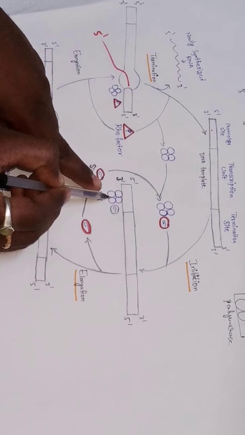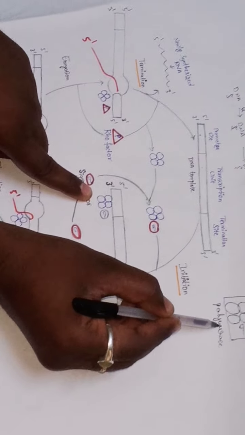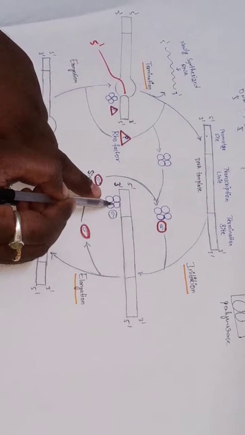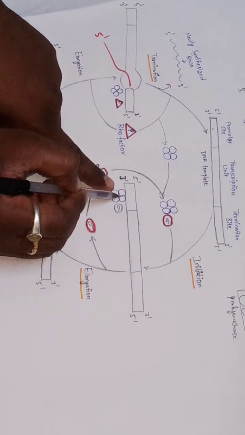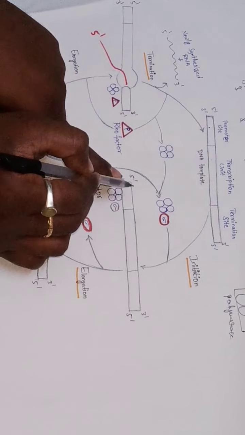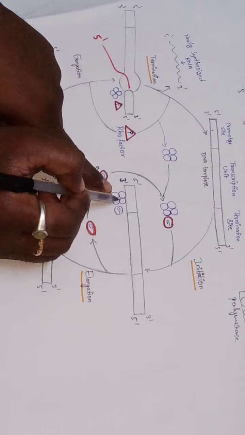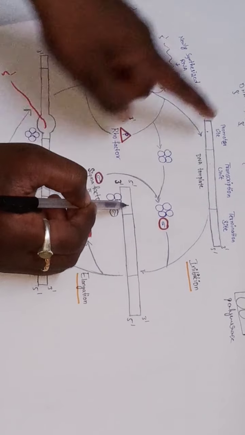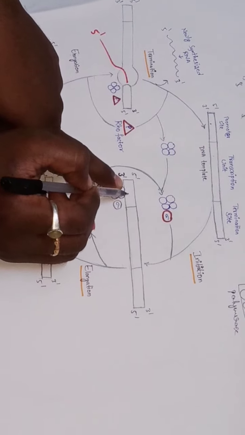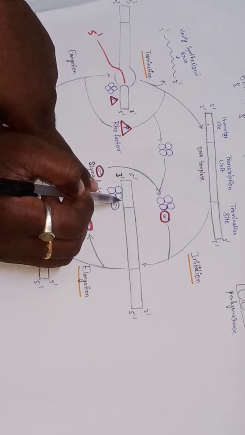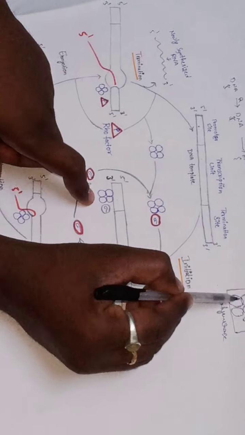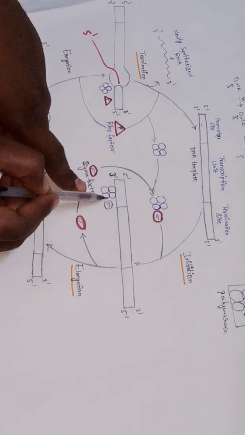The promoter site has the RNA polymerase enzyme, present at the initiation step. The RNA polymerase has four hydrogen bonds with the sigma bond.